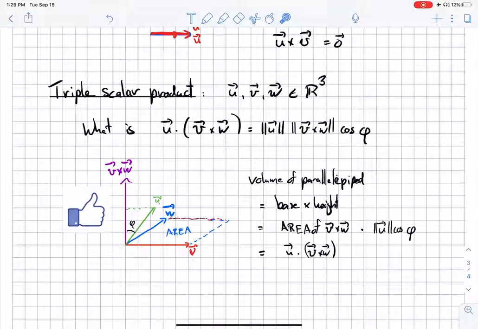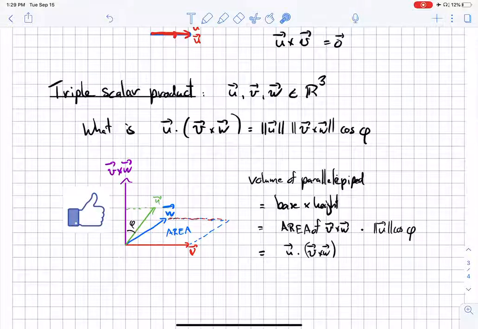If I put the two together, the norm of the cross product gives me the area, and I'm multiplying by U cos phi, which is the height. And so what I get is the volume of the parallelepiped defined by the three vectors.